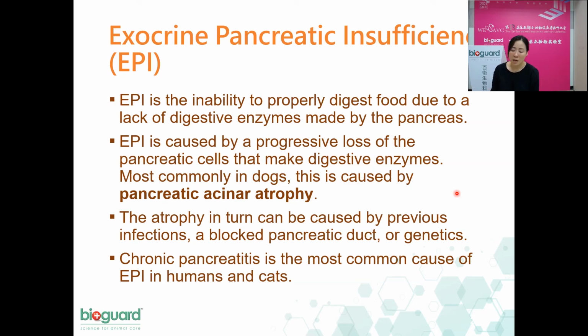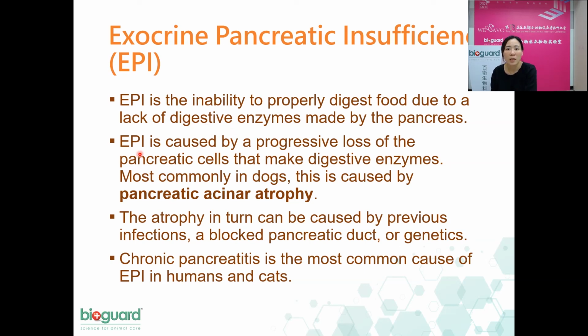Basically, EPI is the inability to properly digest food due to the lack of digestive enzymes. If we lack these digestive enzymes, it will cause weakness in the animals. Finally, they don't have enough energy and cannot maintain normal physiological functions.